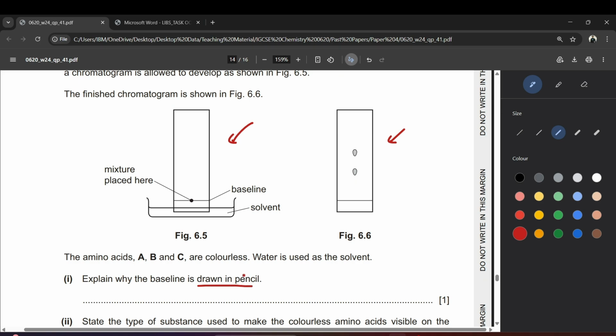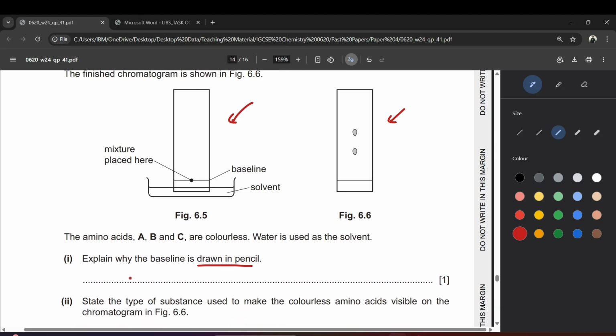Okay. Now look, the question did not ask you why it is not drawn in ink or why it is not drawn in pen. So your answers do not have to mention anything about the pen. Don't say that the pen contains different inks and it will dissolve, therefore we're not using it. The question is asking why pencil is used. So give your answer in terms of the context.